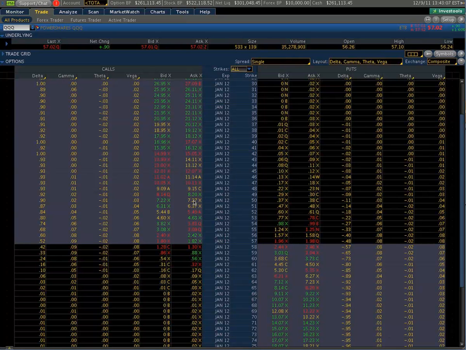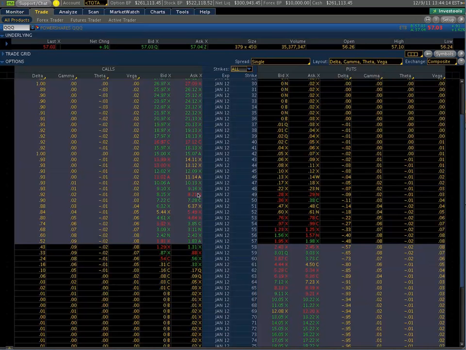However, if the Qs were to rise $1, you'd receive a 90-cent profit on this position, and on the 60s you'd receive only a 24-cent profit. In the case of the 60 option, if the Qs were to rise $1 and you receive a 24-cent profit, that represents about a 43% return on your investment.